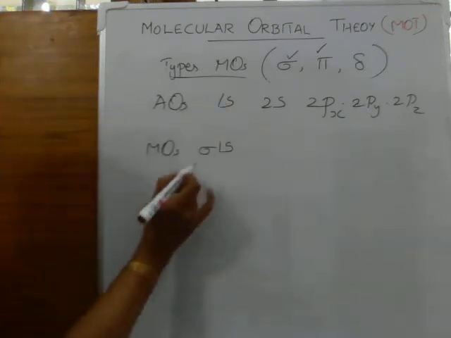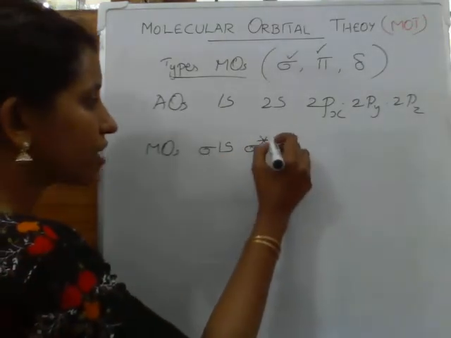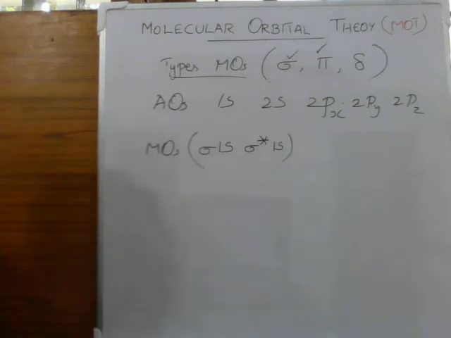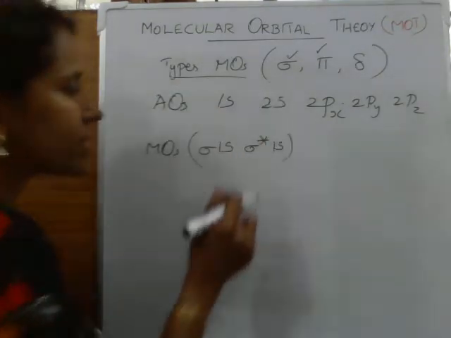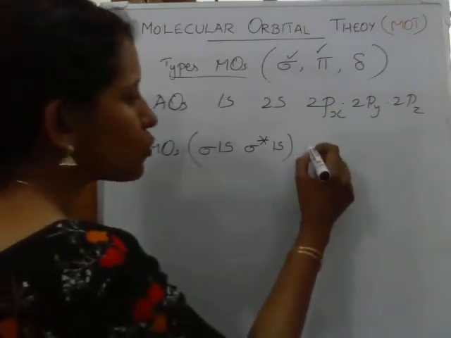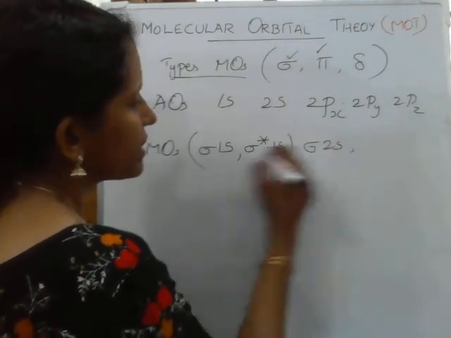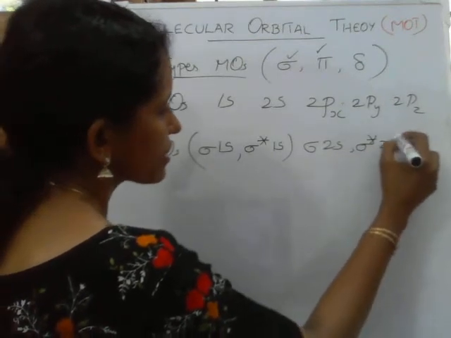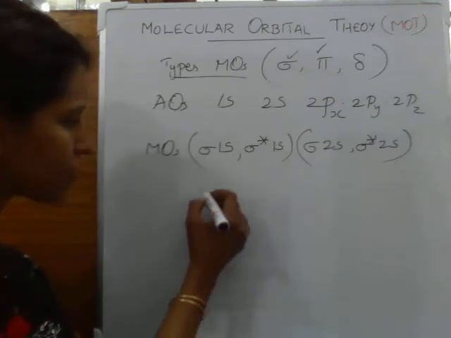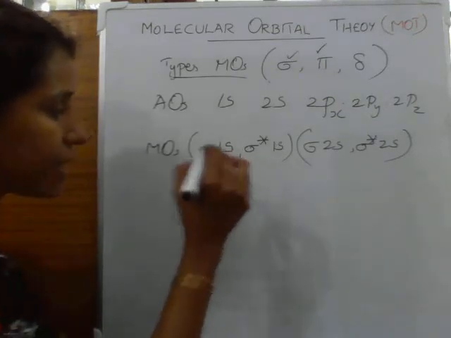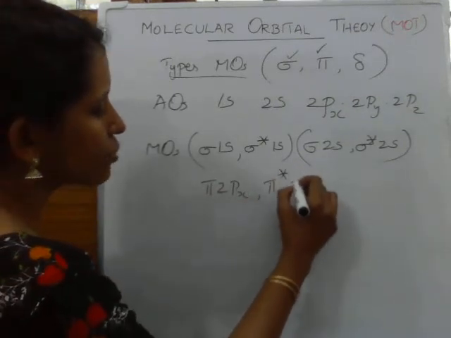When two 1s atomic orbitals combine, we get sigma 1s and sigma star 1s. These are the molecular orbitals formed from the 1s orbital. Similarly, 2s orbitals when combined give 2 MOs, sigma 2s and sigma star 2s. Now the combination of 2px atomic orbitals results in pi MOs, so pi 2px and pi star 2px.